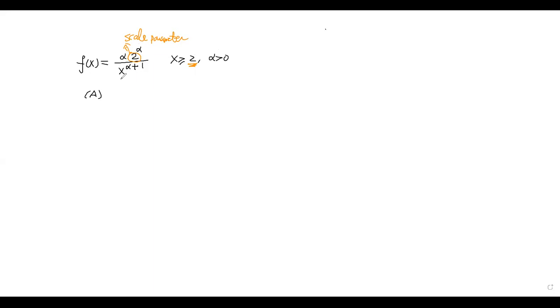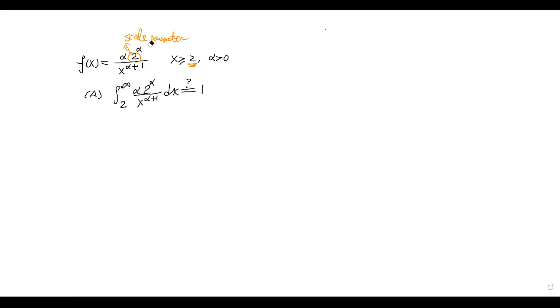Because this is a continuous random variable, when we integrate over the whole domain, from 2 to infinity, the density function, what are we supposed to get? We hope it will be 1. That's why we want to see if this becomes 1.